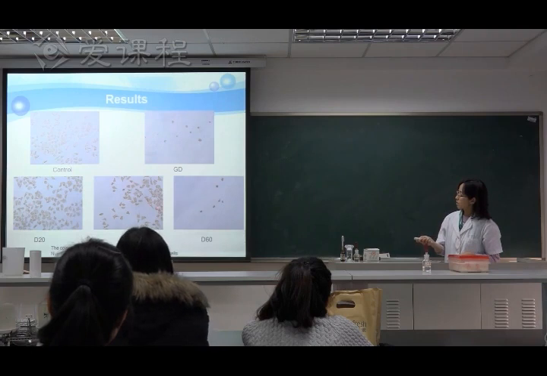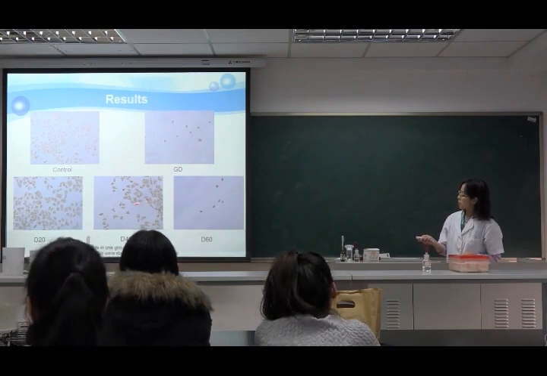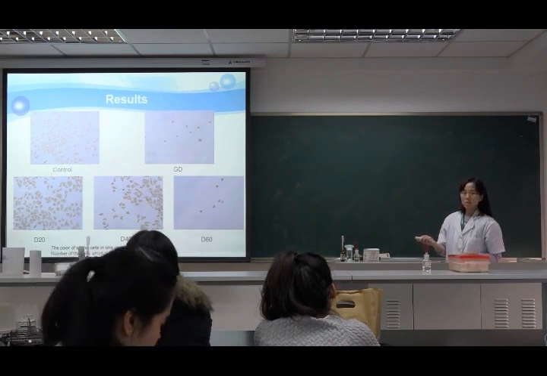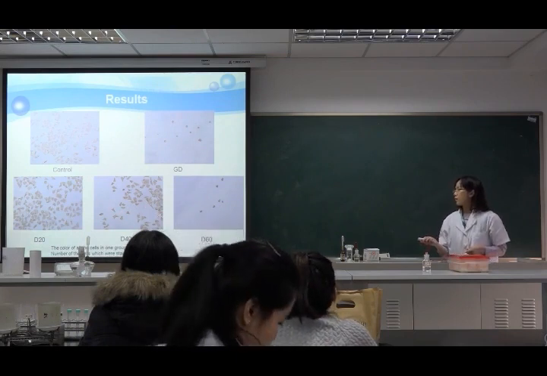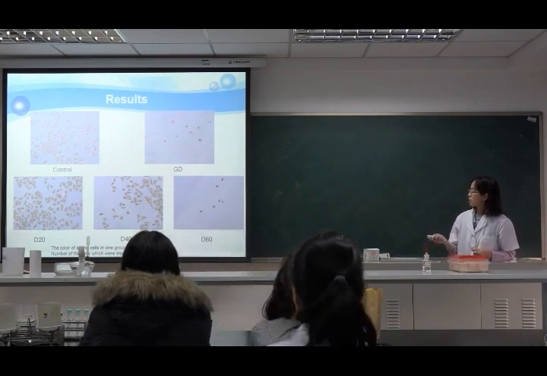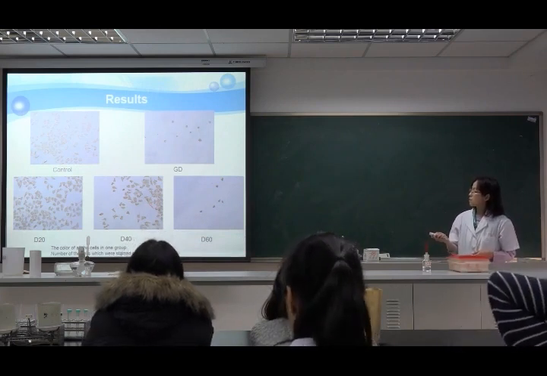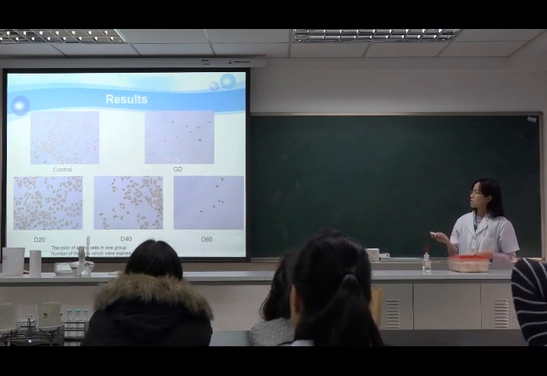Depending on the concentration of DDP, we can see that with the increase of concentration of DDP, the color increased too. And from this, maybe we can conclude that during the process, there are conformational changes of Bax. And from this, we also can observe the morphology changing of the cells.